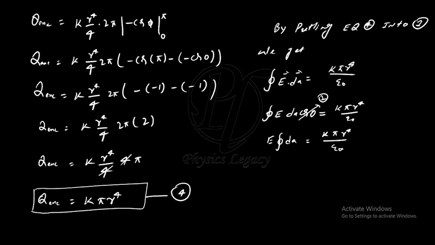Here the closed integral of dA is the area of the sphere, which is equal to 4 pi r square. We just put this into this relation, so E into 4 pi r square equal to k pi r to the 4 over epsilon naught. From here r square will cancel with r to the 4 and we have r square here.